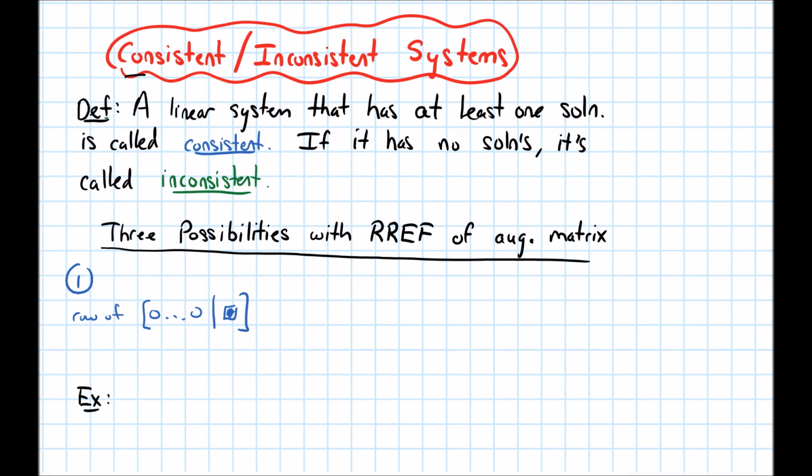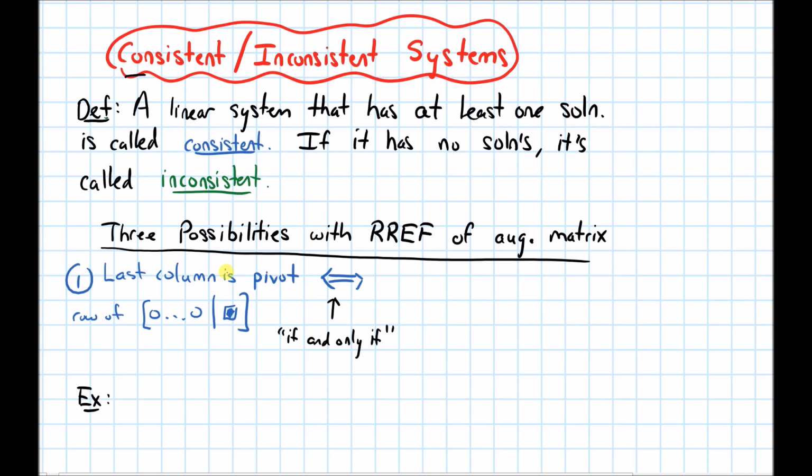But another way to describe this a little bit more succinctly is I say that the last column is a pivot. Okay. So I'm going to put this double-sided arrow, and the double-sided arrow means if and only if.